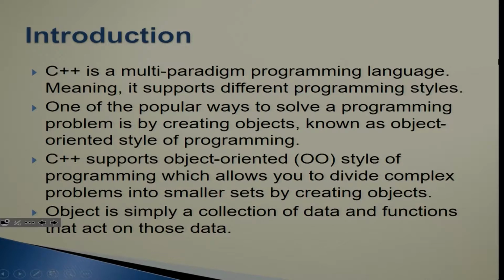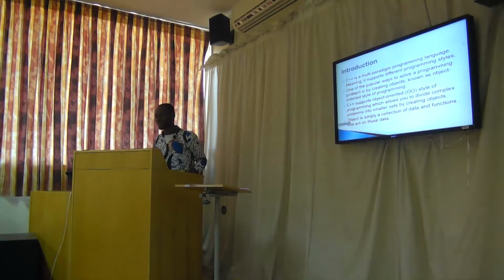Simply what it means, I remember you guys did software engineering, right? You covered some classes there. This is the point where we reach that now in programming, so the knowledge you acquired from that subject is now required here.